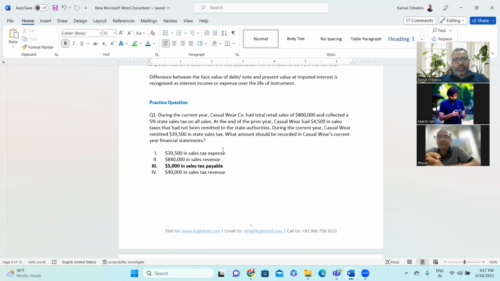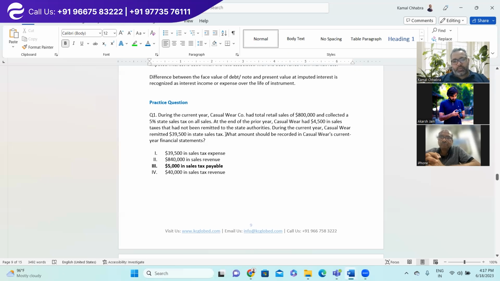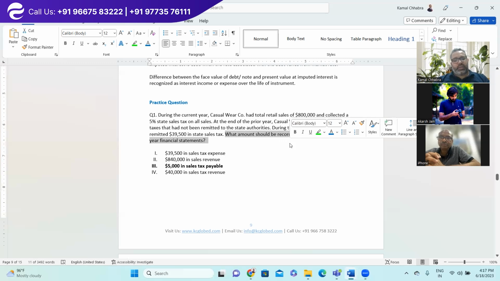During the current year, Casual Wear remitted $39,500 in state sales taxes. What amount should be recorded in the Casual Wear current year financial statement? So just look at the question again. Here you need to make a T account for the state sales tax to reach the number.